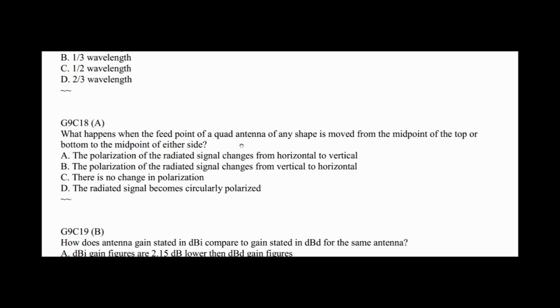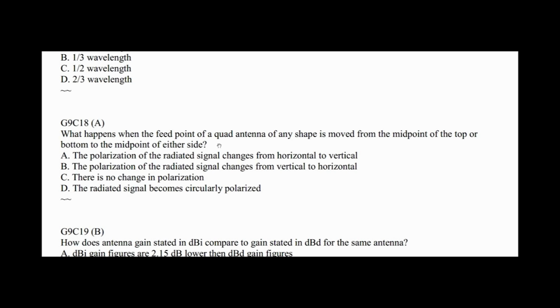B. G9C18. What happens when the feed point of a quad antenna of any shape is moved from the midpoint of the top or horizontal to either side? It changes the polarization depending on where you break the wire and insert the feed line.